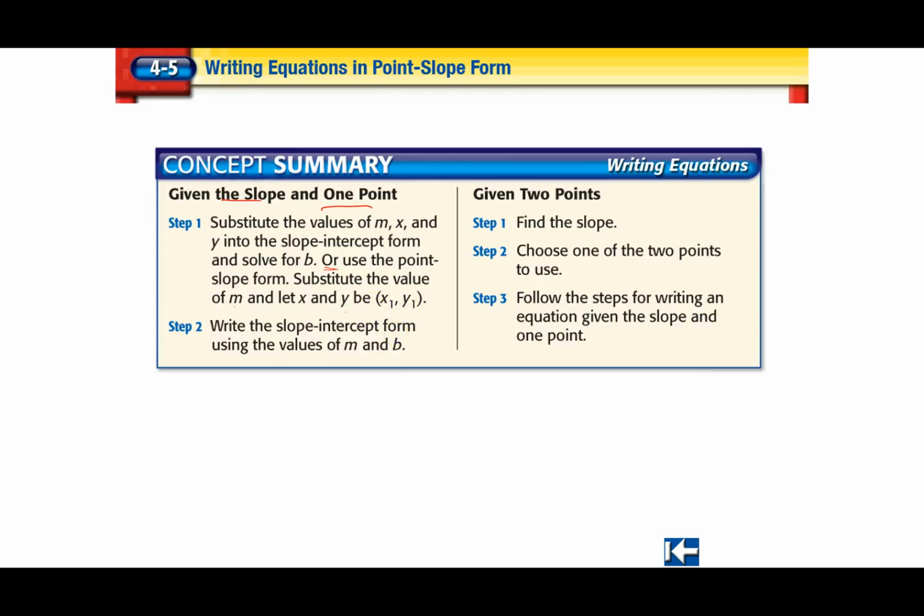Then we write the slope-intercept form using m and b, and we'll give you examples of this in a little bit. If you're given two points, you first find the slope using the slope formula. You choose one of those points, and then you follow the steps for writing an equation given a slope and one point, which is over here. So find the slope, choose one of them, and use one of these two methods.